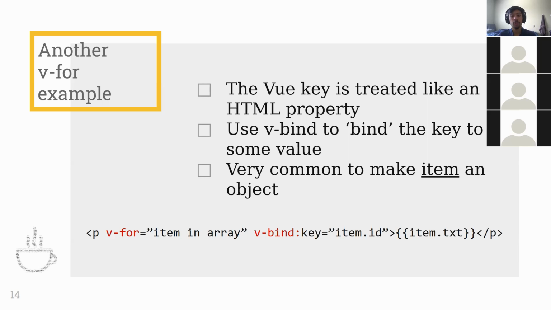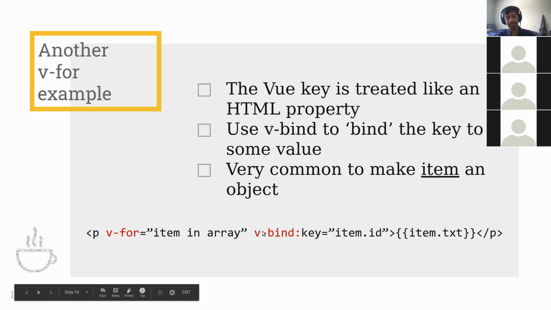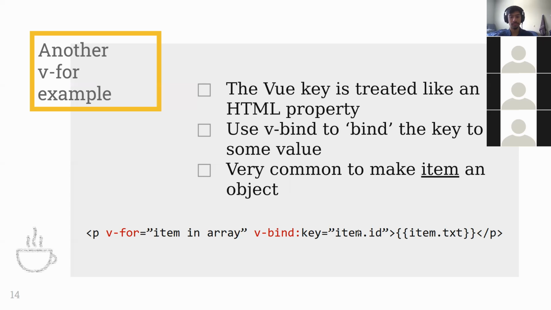As a result, it's very common to make the item an object of sorts. So for example, you can see here my same old v-for item in array that we had in the previous example, but then I have this v-bind. And this v-bind binds the value of key to the value of item.id. This implies that item is some kind of object with at least two fields, id and text.